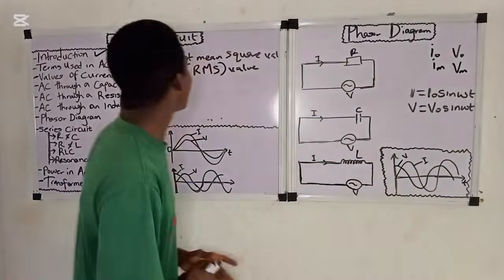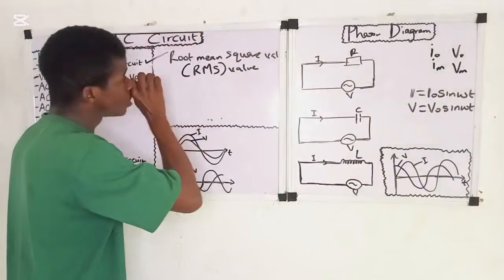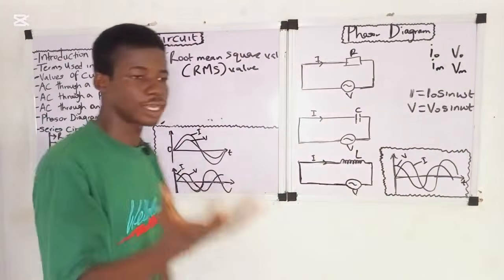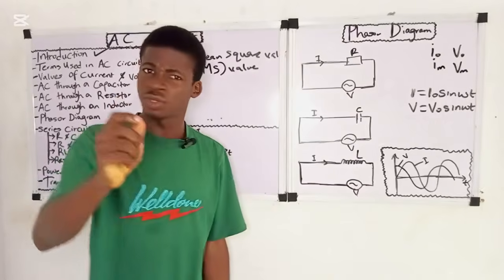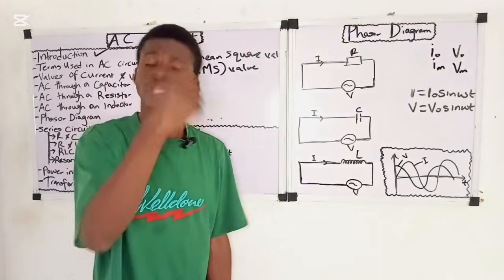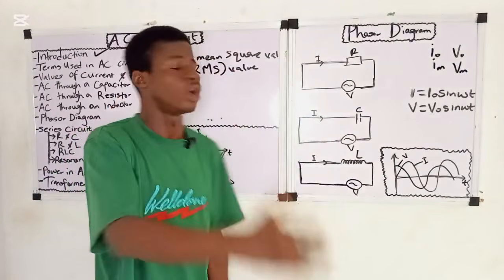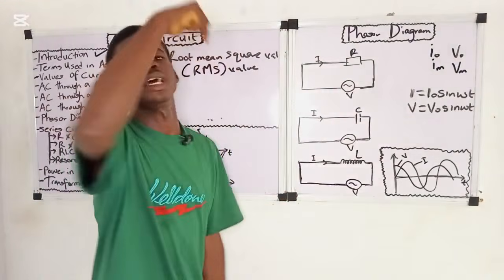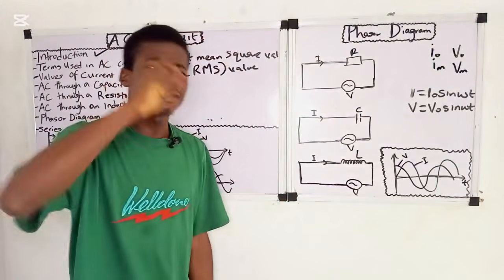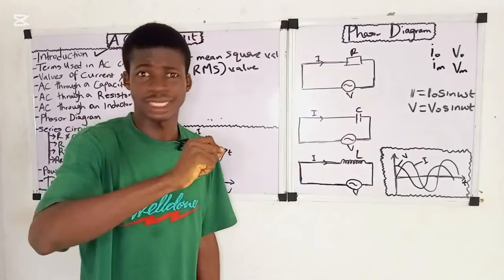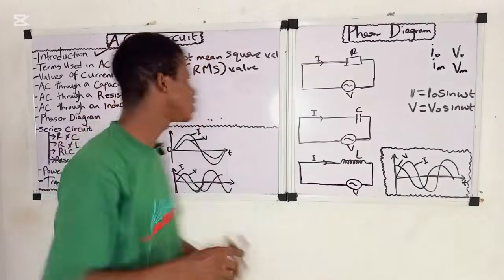Now, the root mean square value of current and voltage. What is the RMS value of current and voltage? Let me write it.